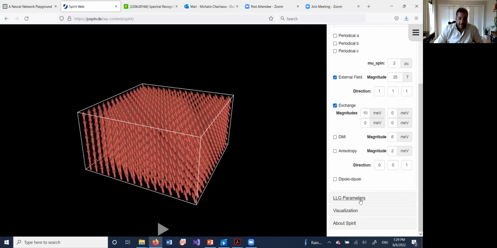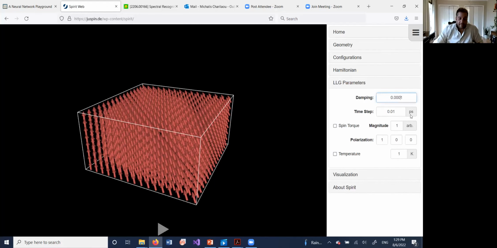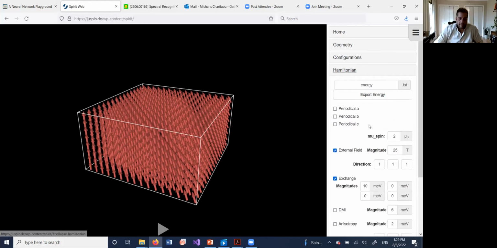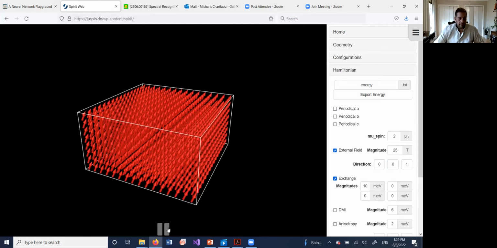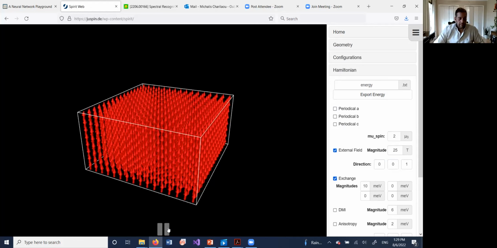If I make the relaxation faster, then they reach the new configuration sooner. Okay. Any question about this example?